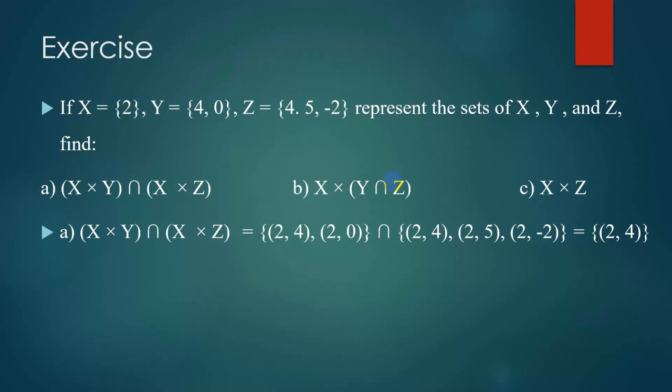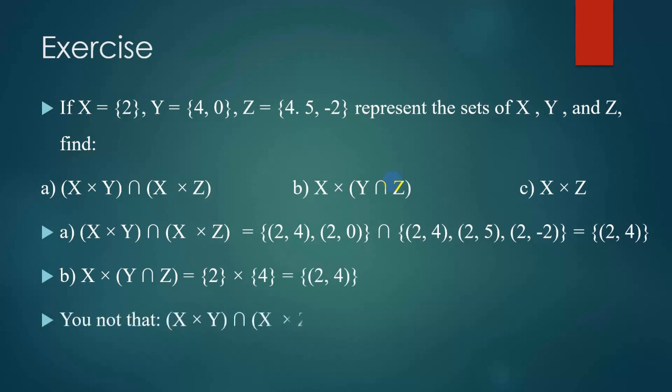So x cross (y intersection z) equals the set {2}, which is the set x, cross the set {4}, which is the intersection of y and z. That gives us the set of the ordered pair (2, 4).